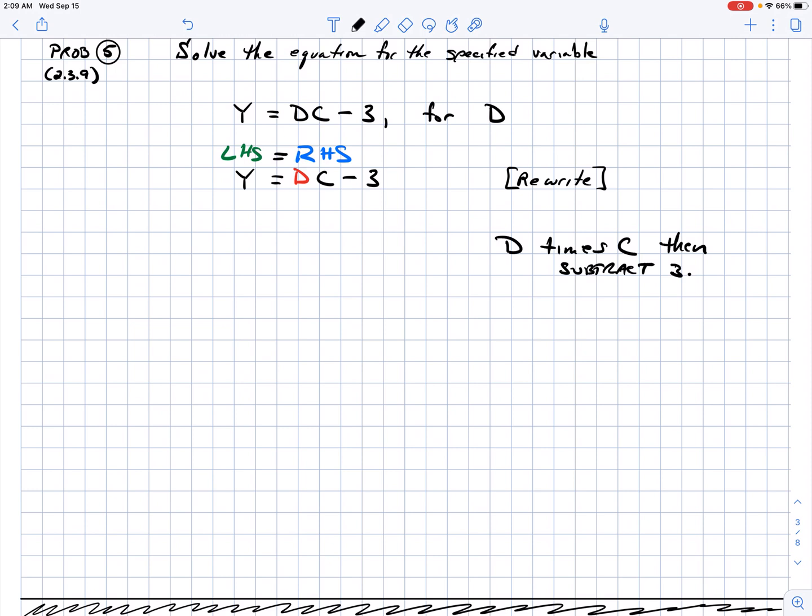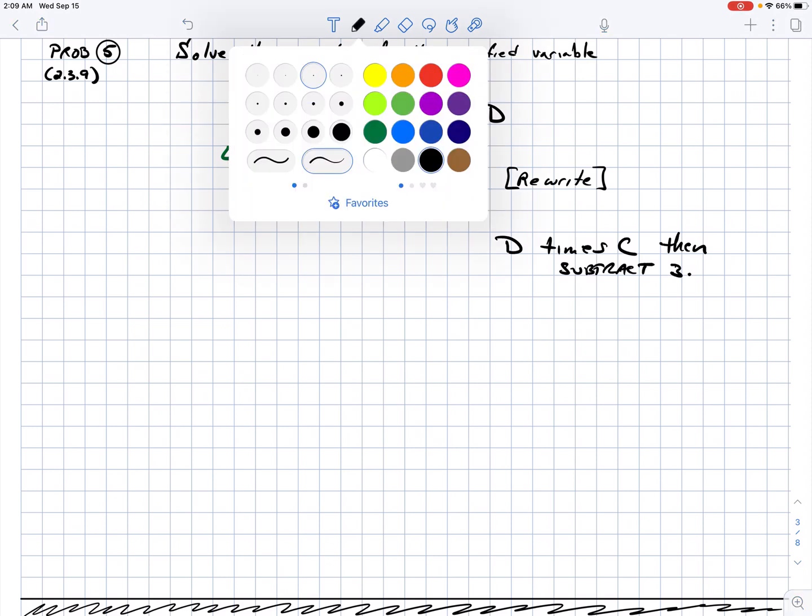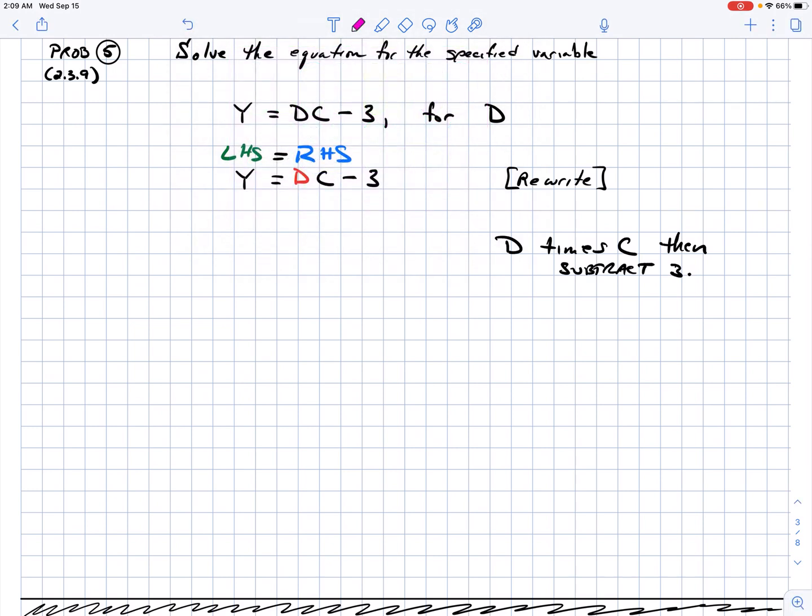So the inverse of that might be: add 3, then divide by what? We want to get the d isolated. So in this case, we would divide both sides by c.